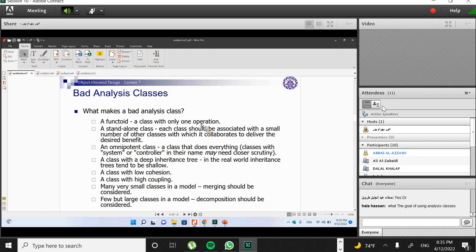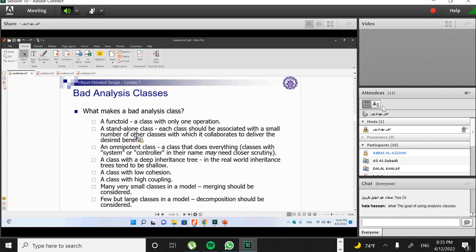Each class should have some responsibilities, and each responsibility should be done by some operations. So the first feature of bad classes, which smells bad, is classes with only one operation.